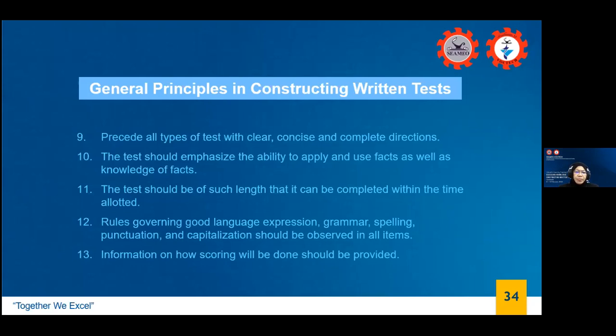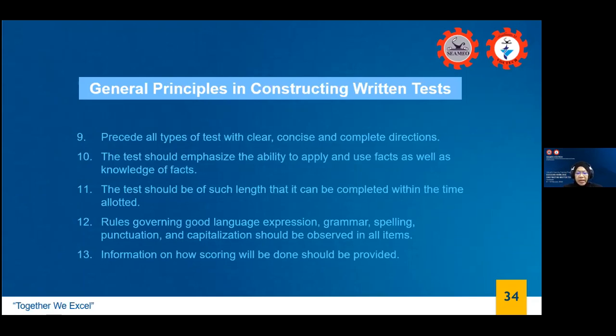So normally you put in the instruction, I say multiple choice, or matching type. This is a 10 item matching type, and each item carries a mark of 2 points.